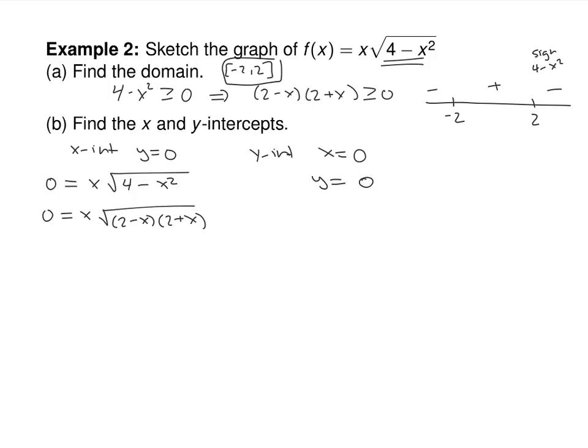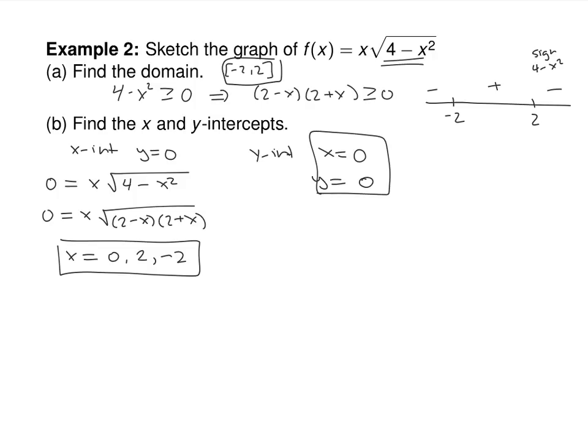And even though there's a root sign there, does it matter really for finding the zeros? You could just square both sides, couldn't you? And the root would go away. So what are the x-intercepts? 2 and -2, exactly. Okay, so you've got 3 points. Victory, that's more than we had last time, right?